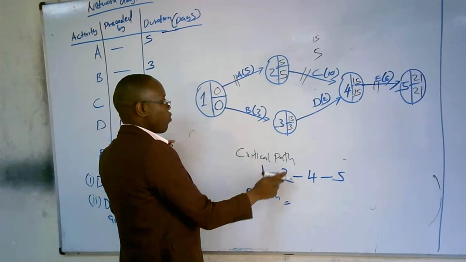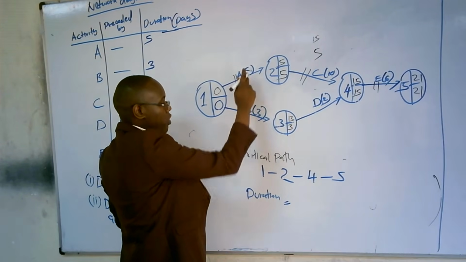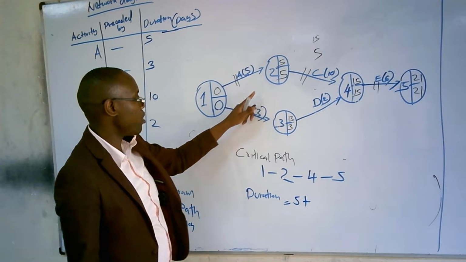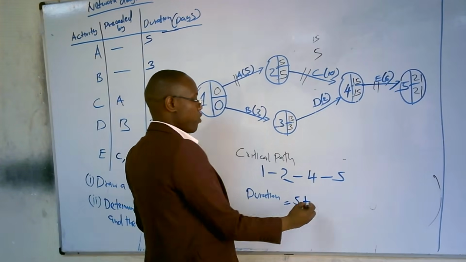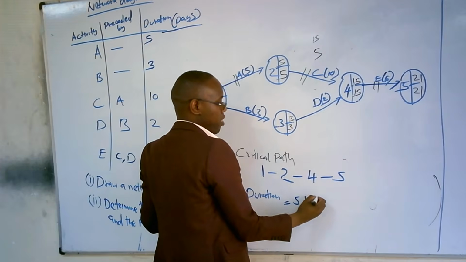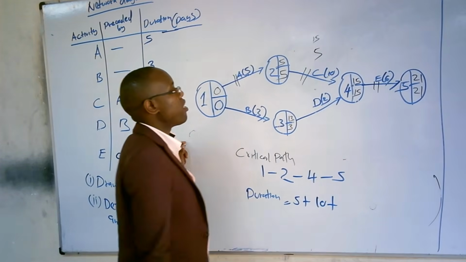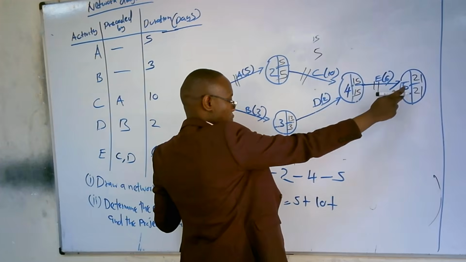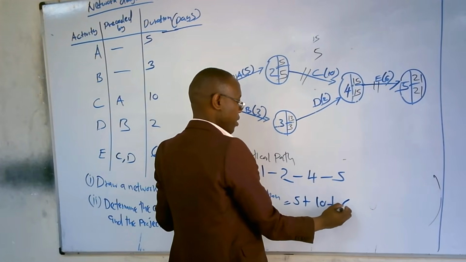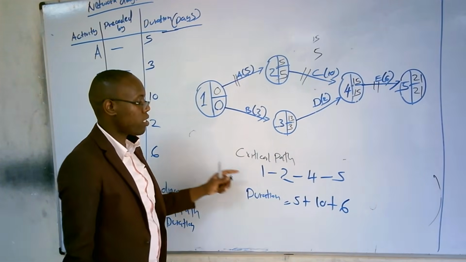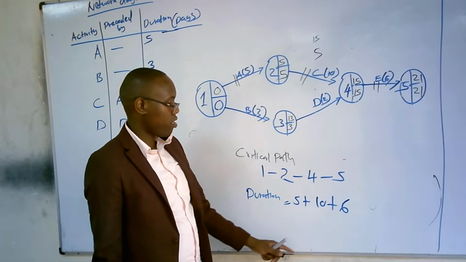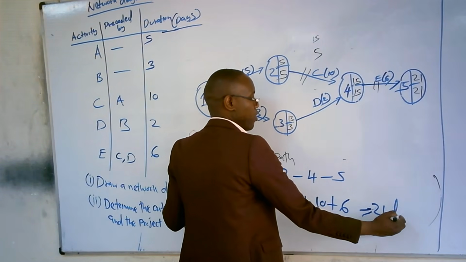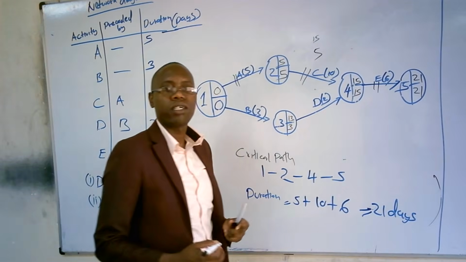So 1 to 2 was 5, so it's going to be 5, and then you add 2 to 4, whose duration is 10, and then you add 4 to 5, which is 6. So that is 15 plus 6, which is going to be 21 days. So that is the project duration.